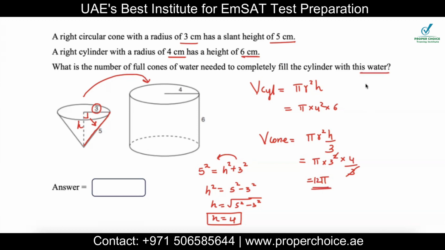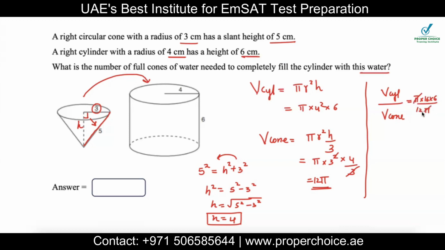And as I said, the number of cones of water to be added is equal to the volume of the cylinder divided by the volume of the cone. Just divide them. So the volume of the cylinder is pi times 4 square, which is 16, times 6, divided by 12 pi.